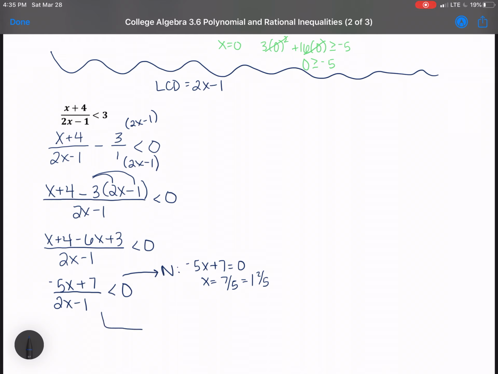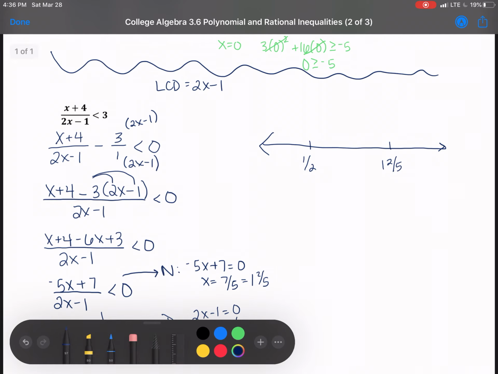Then if we take our denominator, we have 2x minus 1 equals 0, or x equals 1/2. And that's what we're going to then use for our number line. So we have 1/2, and I'm going to write the mixed fraction, 1 2/5.